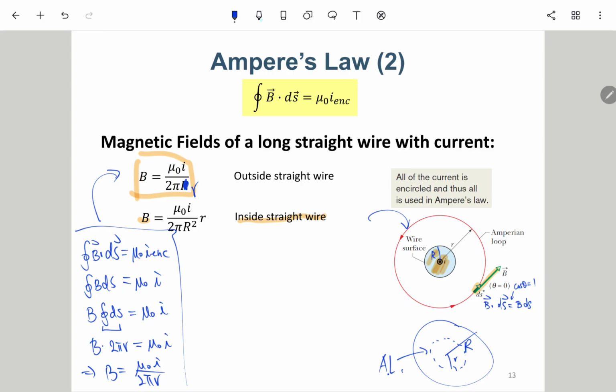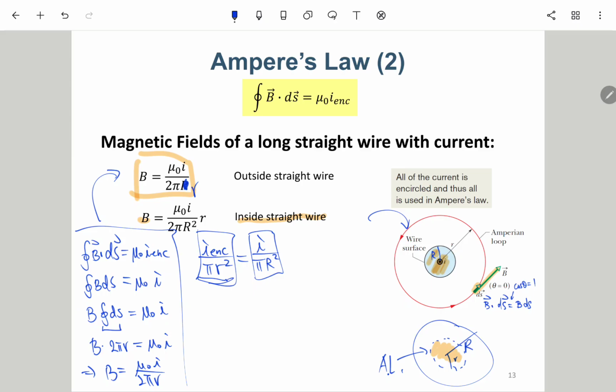This part will be the I enclosed. I enclosed divided by pi r squared will equal the total I divided by pi capital R squared, because this one is the current density within the Amperean loop, and this one is the current density for the whole wire.